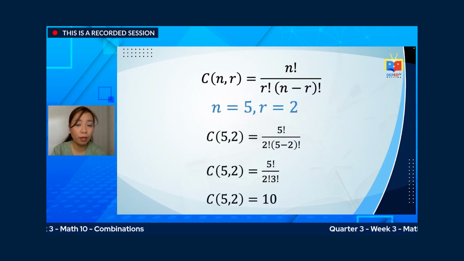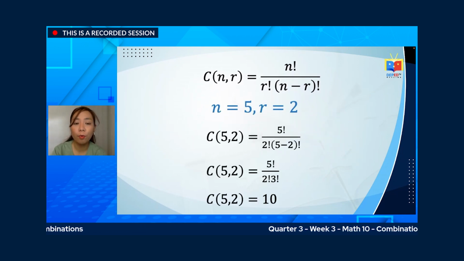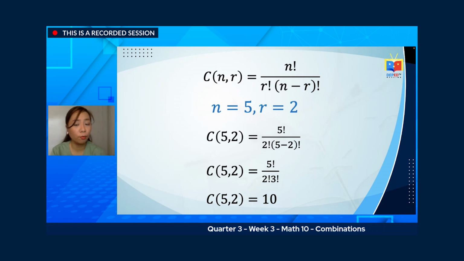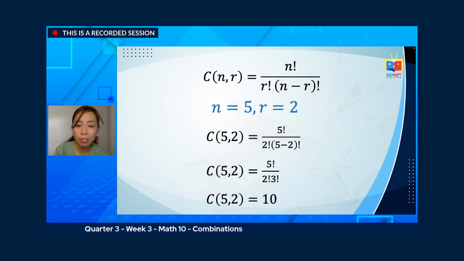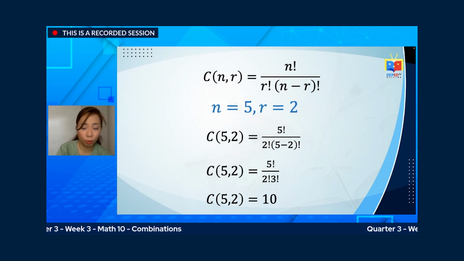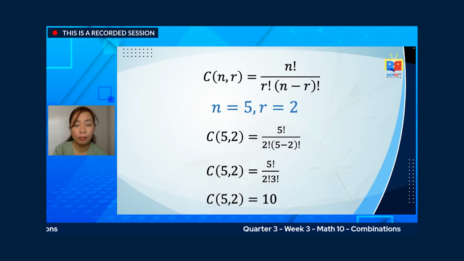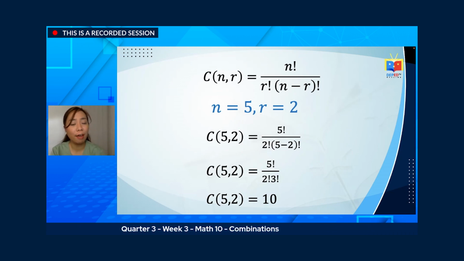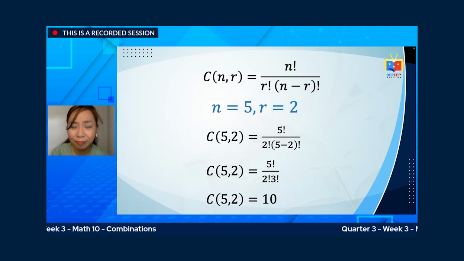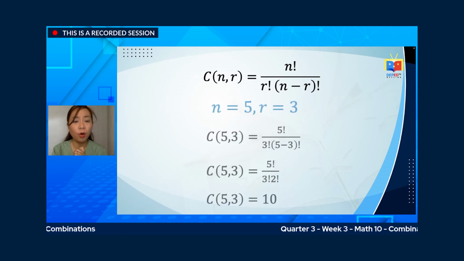So let's solve first the first one, where n is equal to 5 and r equals 2. This is 5 factorial over 2 factorial times the quantity 5 minus 2 factorial. That is 5 factorial over 2 factorial 3 factorial. If you solve this one, you will get the combination of 5 objects taken 2 at a time, which is equal to 10. Now let's try the other one.